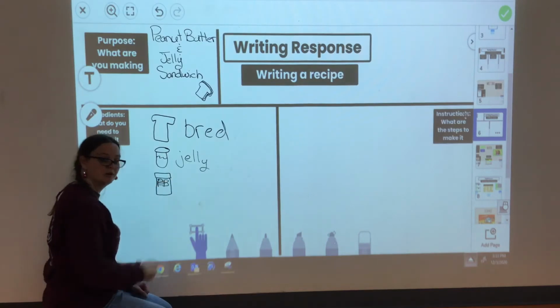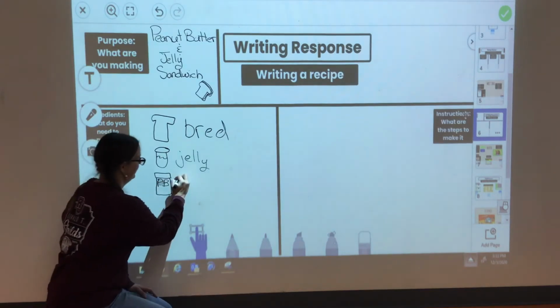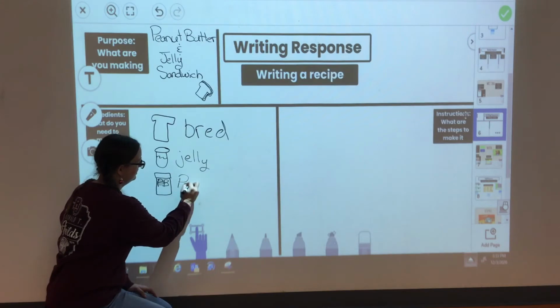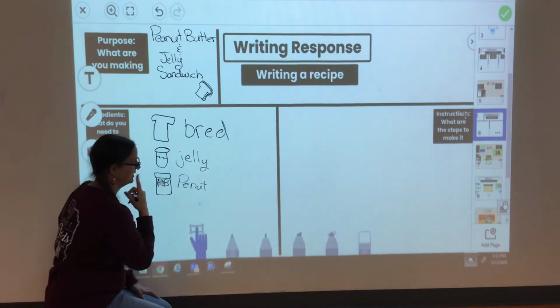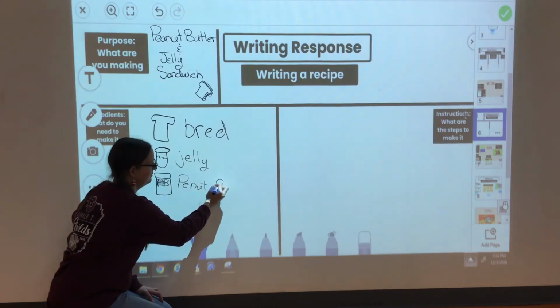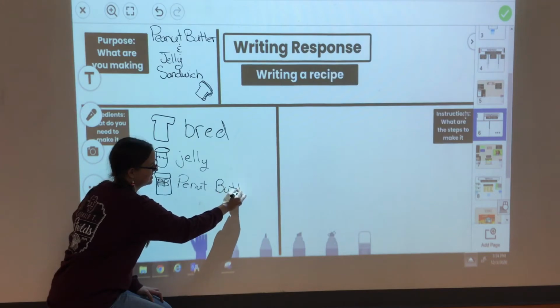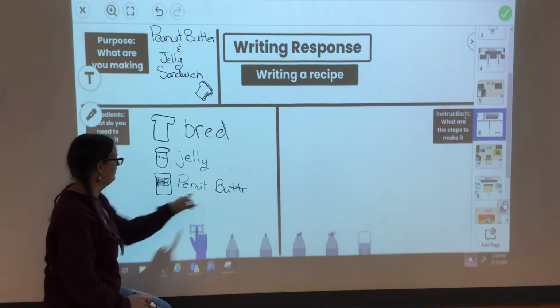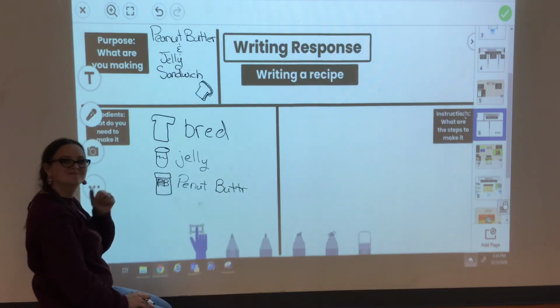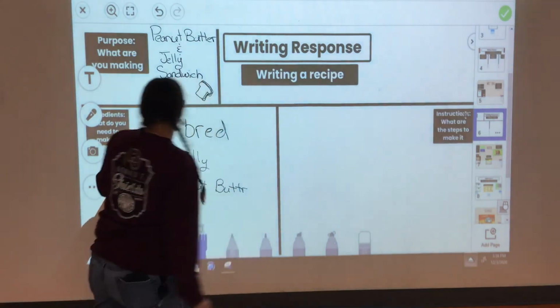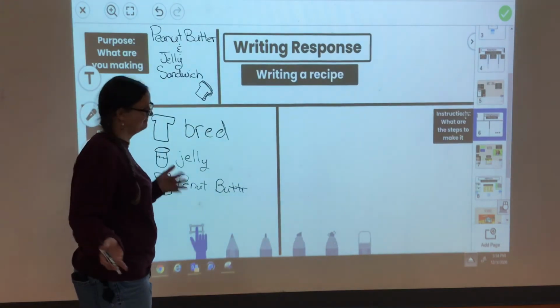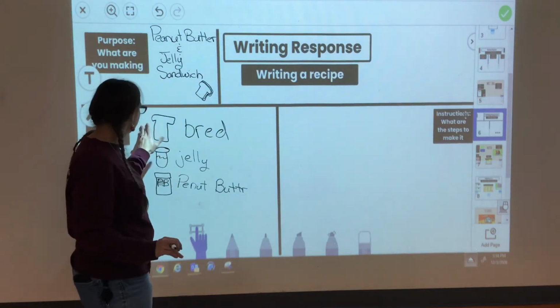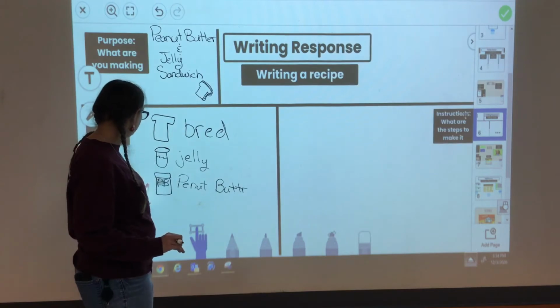PB for peanut butter. Okay, peanut butter and jelly. So that's our ingredients, right? Do I need anything else? No. Okay, so I've got bread, jelly, peanut butter.